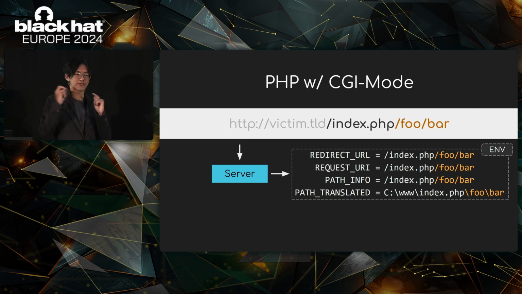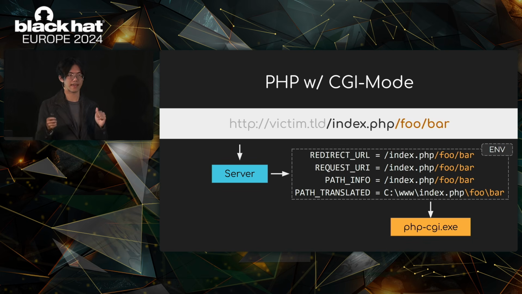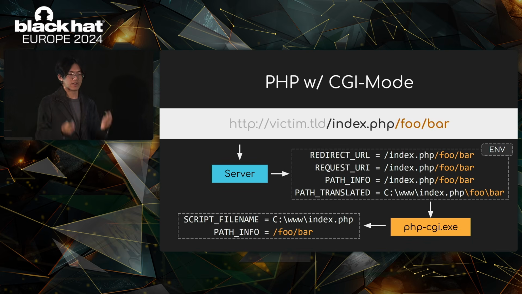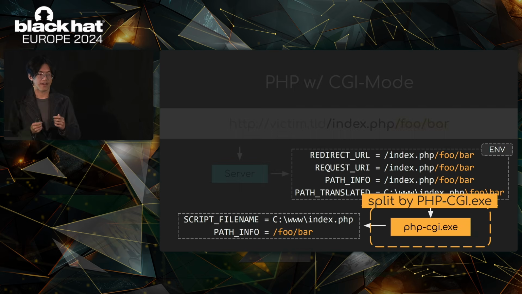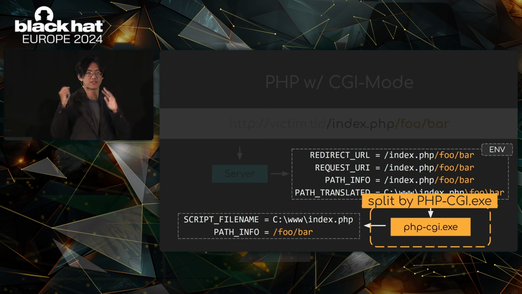The server will generate a bunch of environment variables, and then pass them to the PHP CGI program, which generates the file name of the PHP script and the path info. Notice that these paths are parsed by the PHP CGI itself.